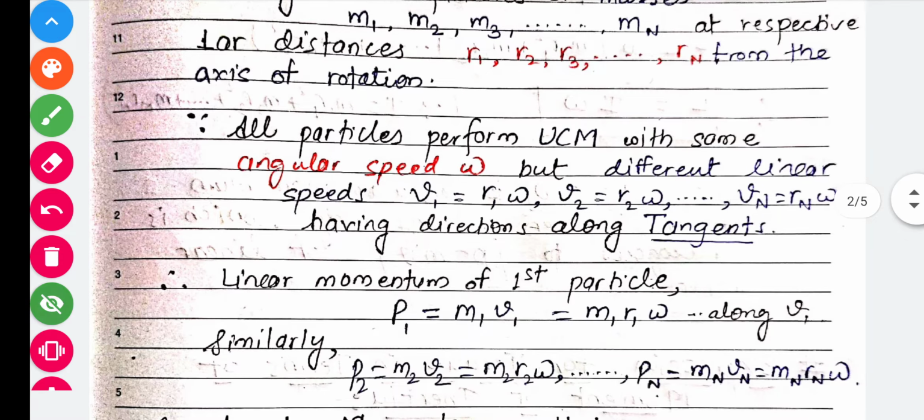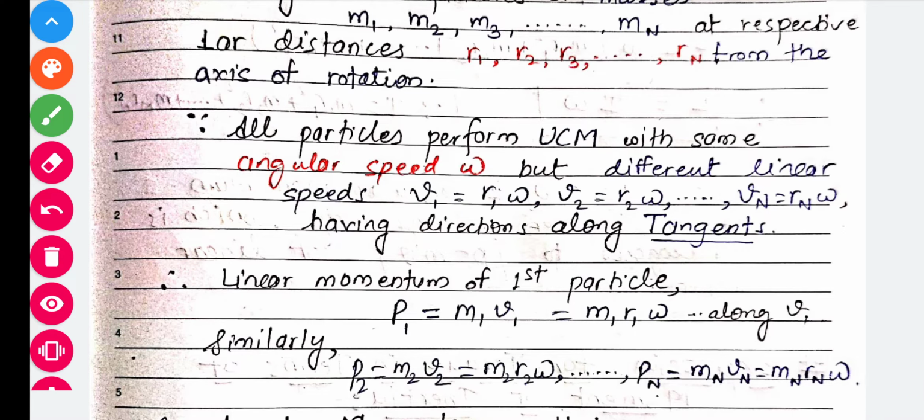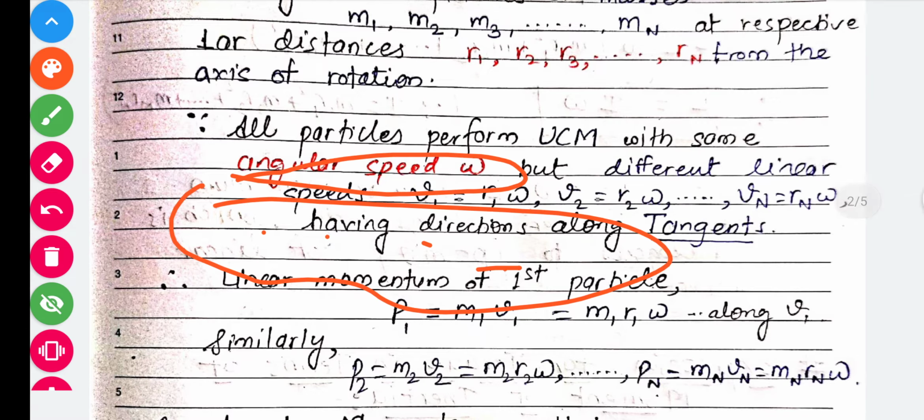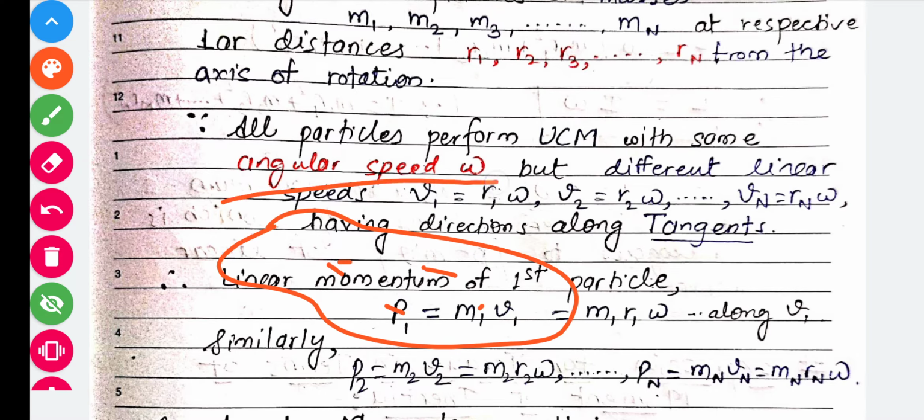Since the body is rotating with constant angular speed, the particles inside the body will perform uniform circular motion, because the angular speed is constant. So all the particles inside the body have the same angular speed, omega. But what about the linear speed?